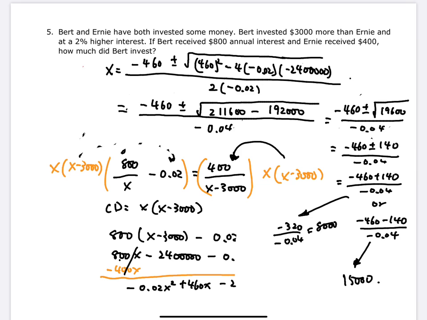Okay. All right, and I believe since we said x was Bert, correct? So that means either Bert can invest 8,000 or 15,000.